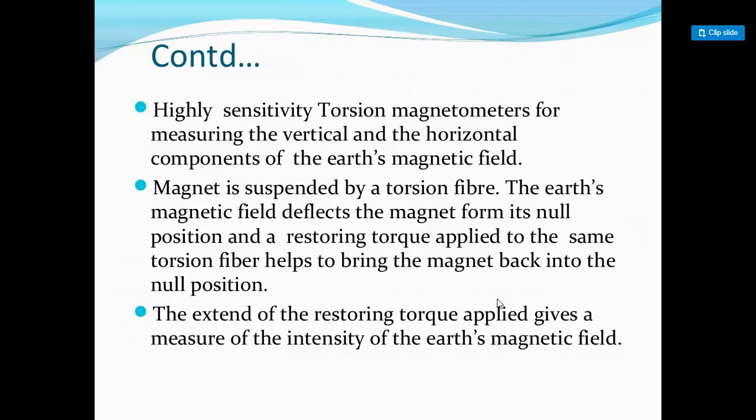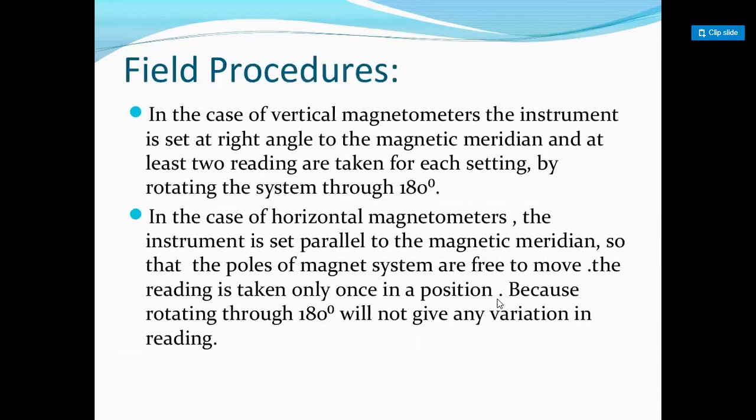The magnet is suspended by a torsion fiber. The Earth's magnetic field deflects the magnet from its null position, and a restoring torque applied to the same torsion fiber helps to bring the magnet back into the null position. The extent of the restoring torque applied gives a measure of the intensity of the Earth's magnetic field.